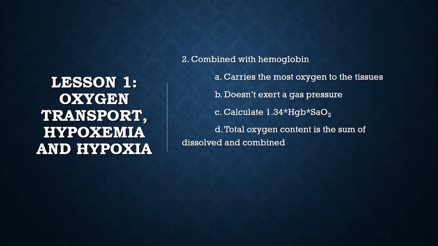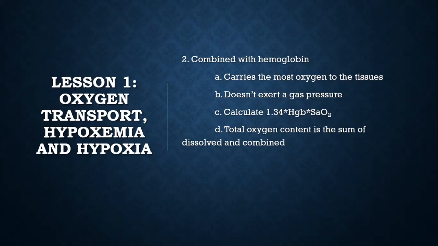This is the main way that oxygen is transported, combined to the hemoglobin. So out of the two ways, the one that carries the most oxygen is combined with the hemoglobin. The hemoglobin carries the most oxygen to the tissues. Now, hemoglobin doesn't exert a gas pressure. It's just an amount.